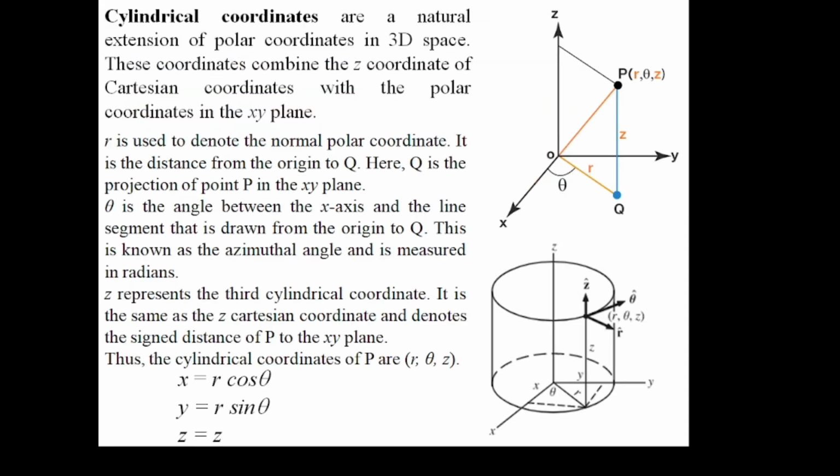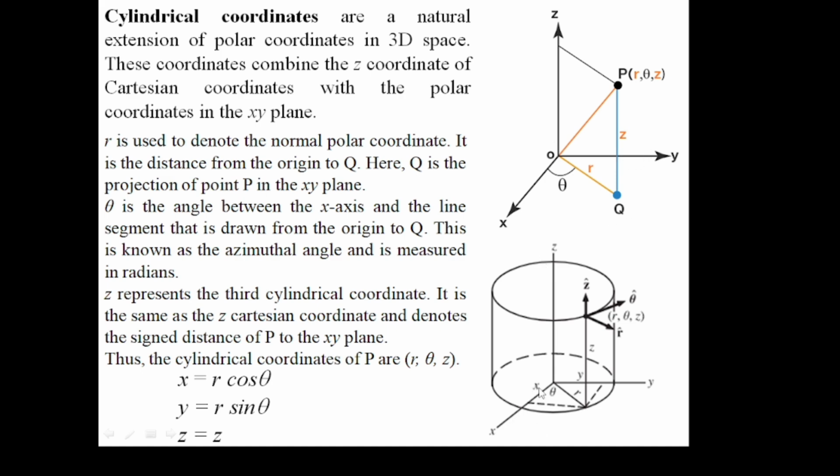Next we will discuss cylindrical coordinates. This is a natural extension of polar coordinates in 3D space, that means 3-dimensional space. These coordinates combine the z coordinate of Cartesian coordinates with the polar coordinates in the xy plane.